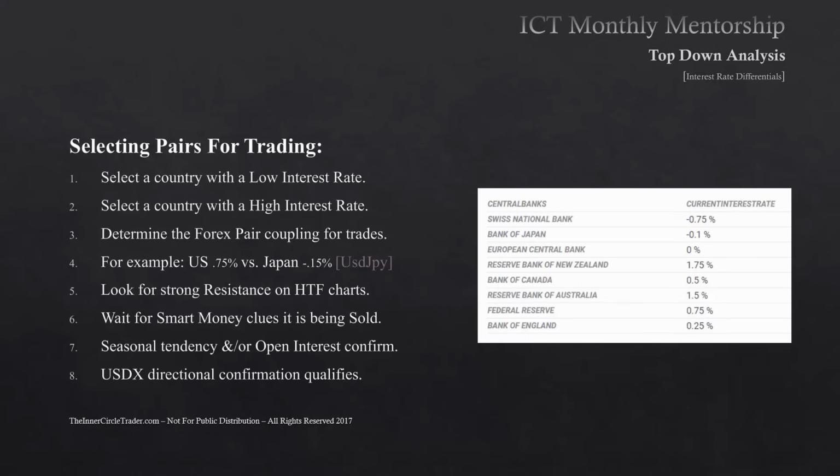So if we're expecting a weaker Japanese yen because of the lower interest rate, the pair we've coupled for foreign exchange trading, the dollar yen, is the pair we'll be trading. Even though we're looking for weakness in yen, we're looking for the opposite for the pair, the way it's formed. So the dollar yen pair is actually going to strengthen or go up in our charts.